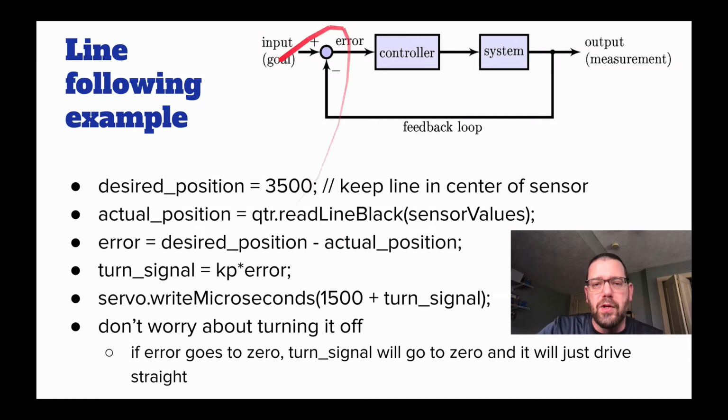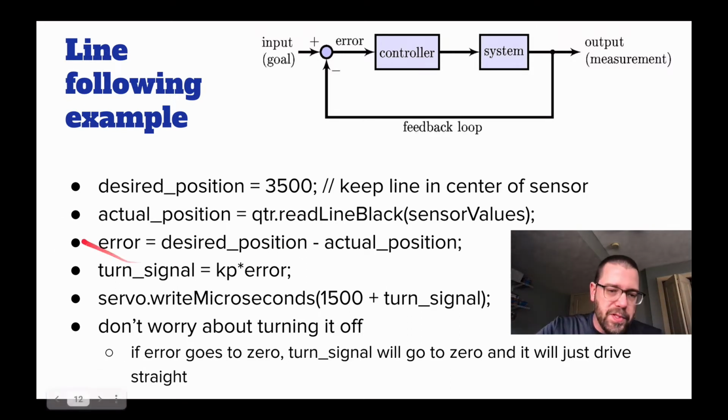So if I'm trying to do line following, and this number could change depending on how many sensors you have and how many sensors you're using, but assuming that my desired position goes from 0 to 7,000, then the middle of that would be 3,500. So my desired position is to have the line centered directly underneath the line sensor, then I know I'm where I want to be.